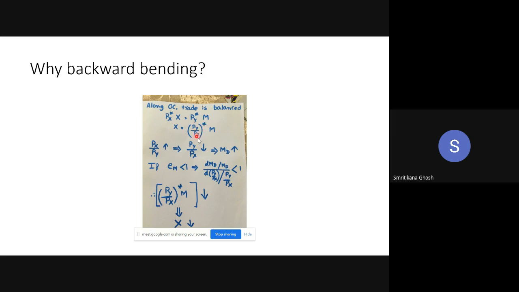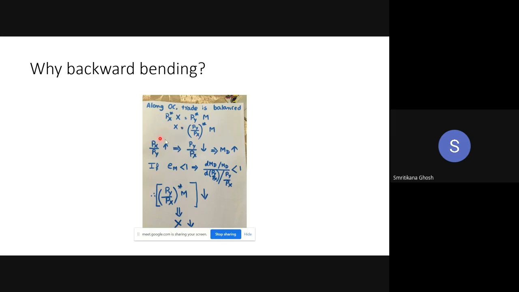Don't look at this, just try to look at my pointer. If Py by Px is falling and import is rising, and Py by Px is falling more than the rise in M, then my export will fall.